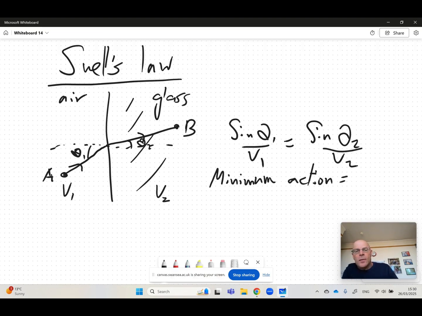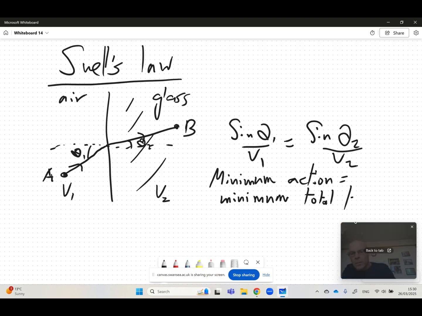And in this particular case, the minimum action is the minimum total time. Let's see why.